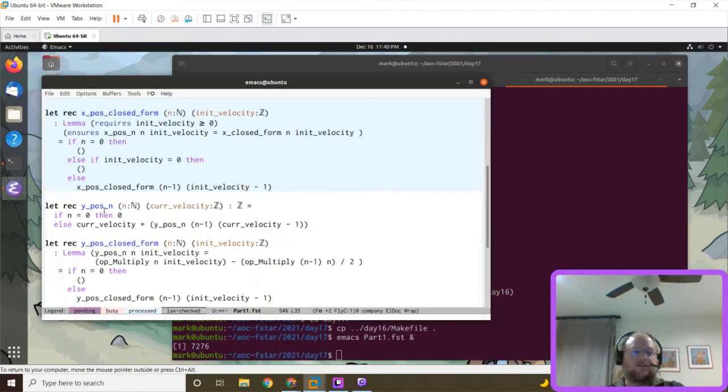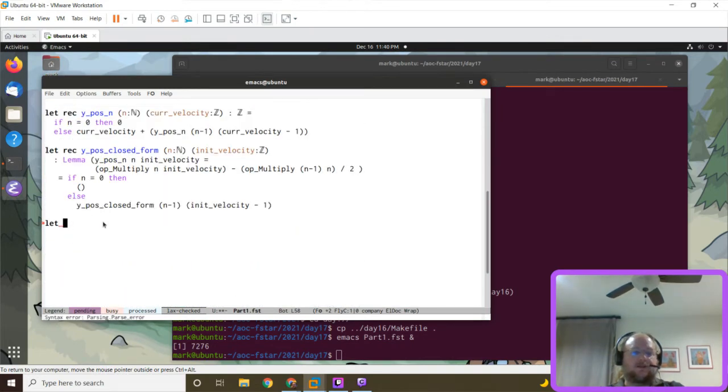Okay, so given x and y, can we predict what the maximum is? All right, we need to keep the constraint that there is some n at which it's in the bounding box. Can we go further than that?